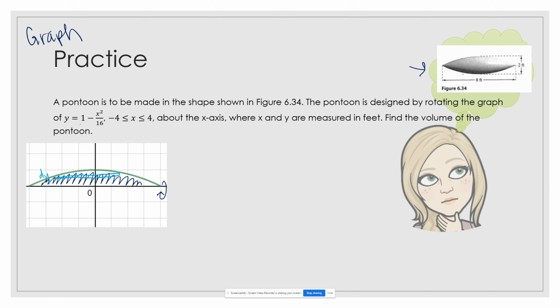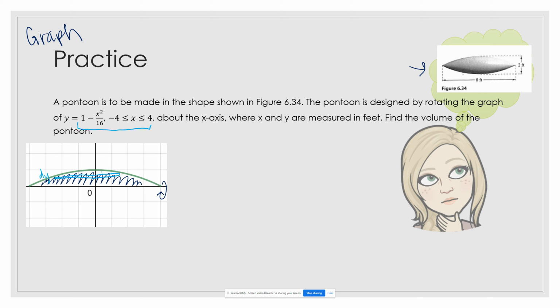Which means that everything has to be in terms of y, which is not impossible to do. Sometimes it'll be impossible to do, but it ends up being a square root function, and it ends up being the positive and the negative piece of that square root function.